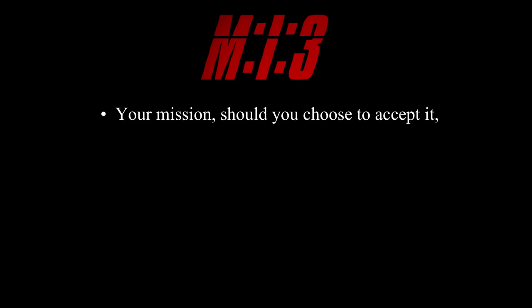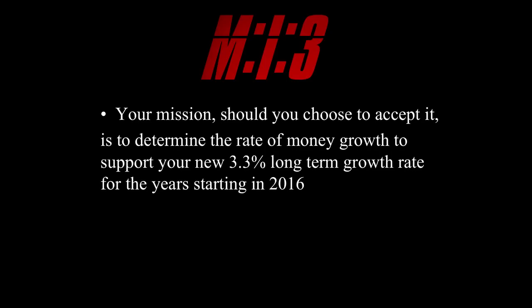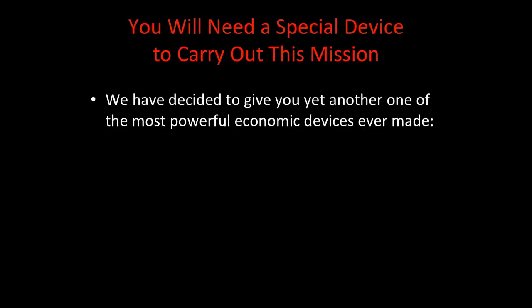Your mission, should you choose to accept it, is to determine the rate of money growth to support your new 3.3% long-term growth rate for the years starting in 2016. Of course, you'll need a special device to carry out this mission, just like the other missions.